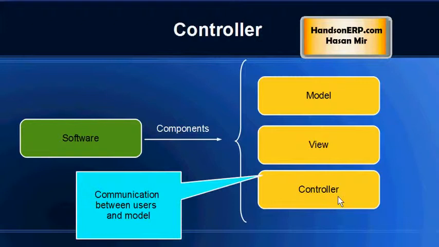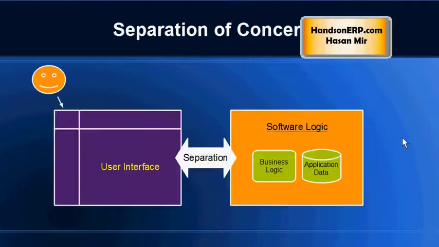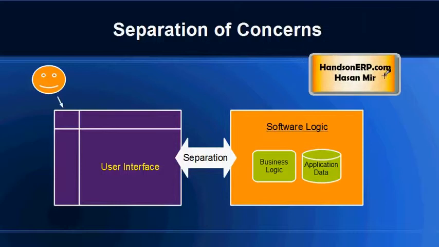The controller will receive the interaction and send it to the model, which will perform certain tasks based on the business logic and give the data back to the controller, which will then display the data to the screen using one of the views that exist in the software.